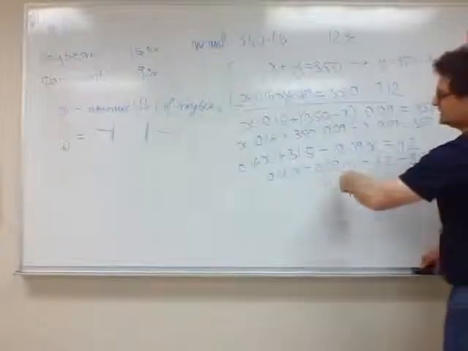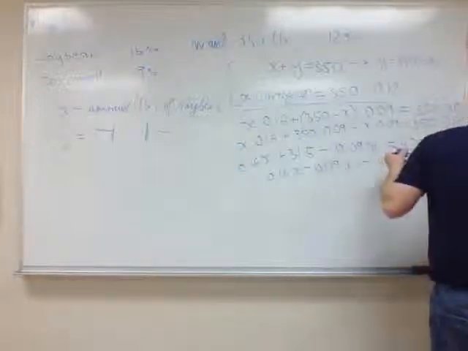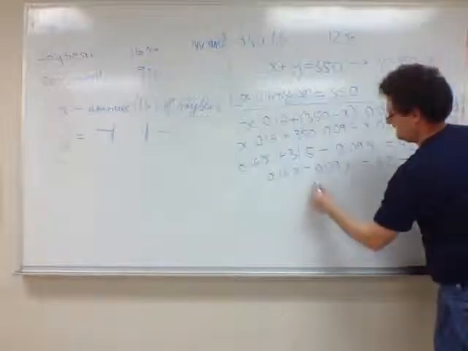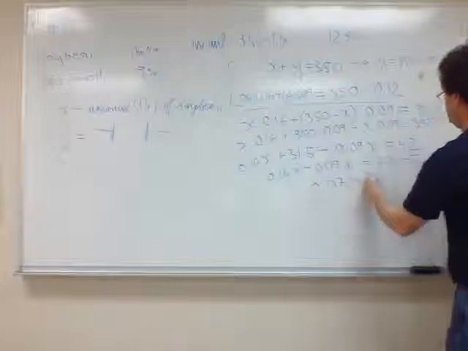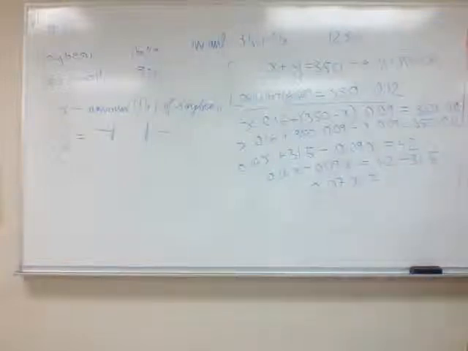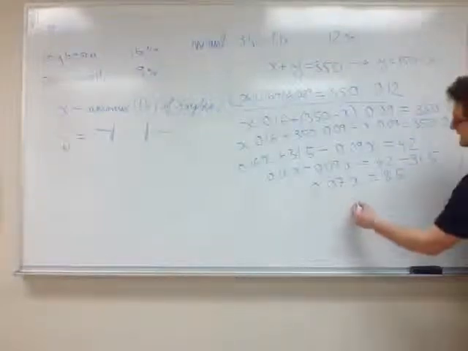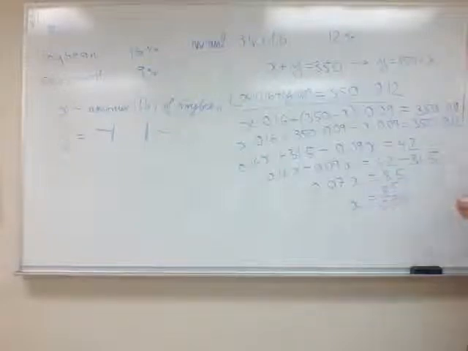Okay, so now 0.16 minus 0.09, that's 0.07x. That should be 42 minus 31.5. That is 10.5. Okay, so x is 8.5 divided by 0.07.